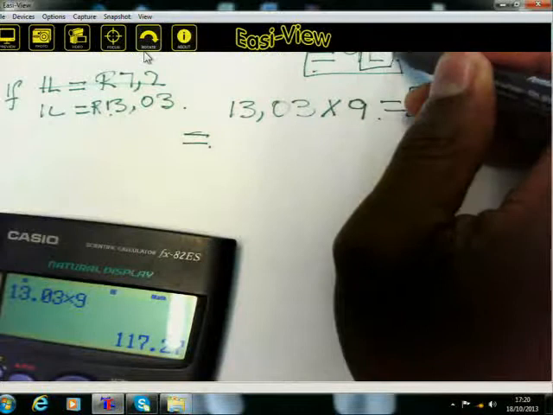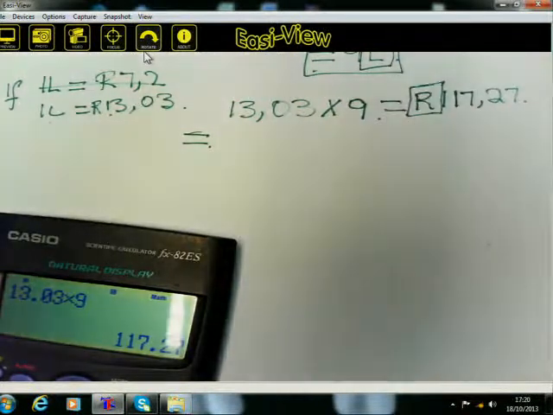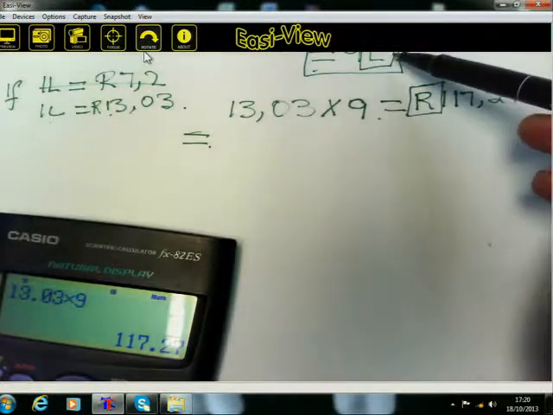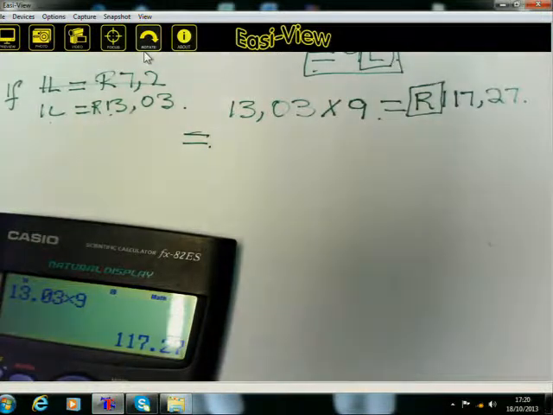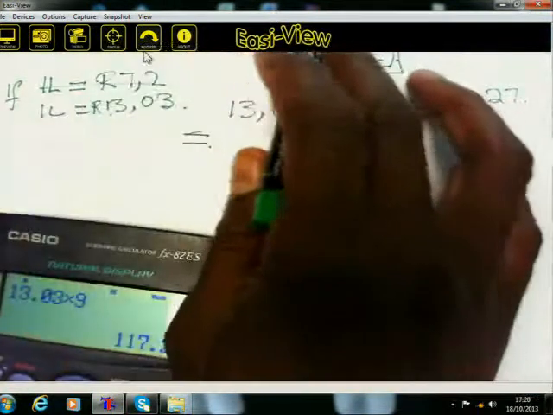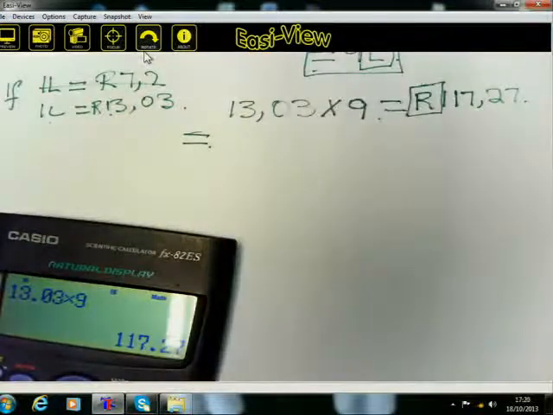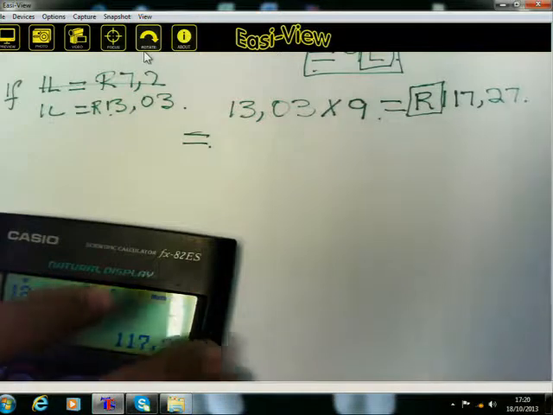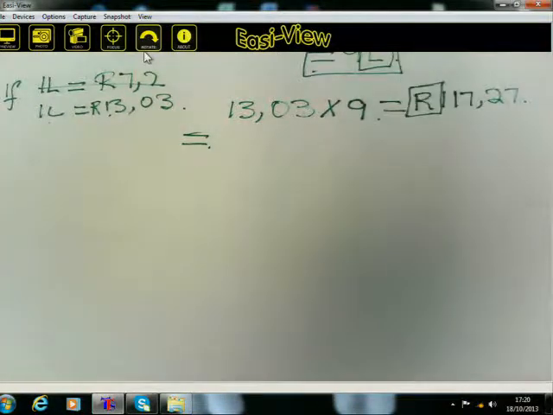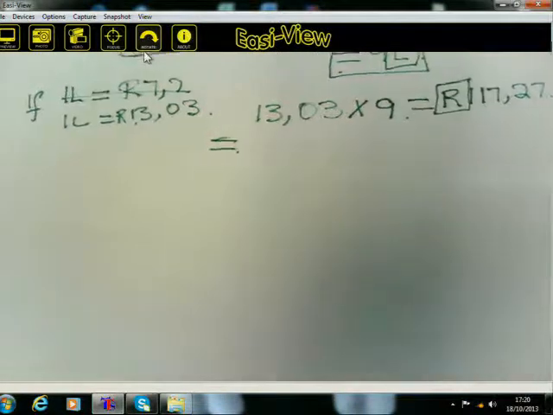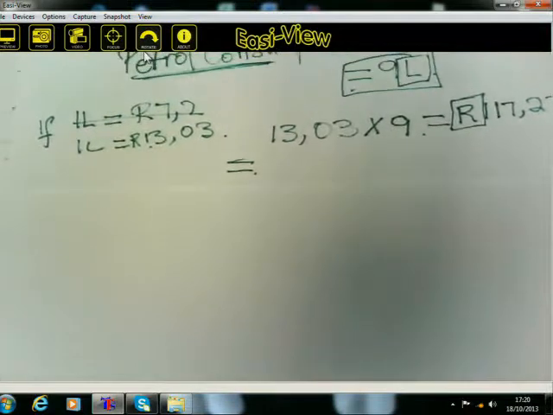Then our unit must be L. Here our distance, our units must be in kilometers. Let's look at another example. Time is not with us.